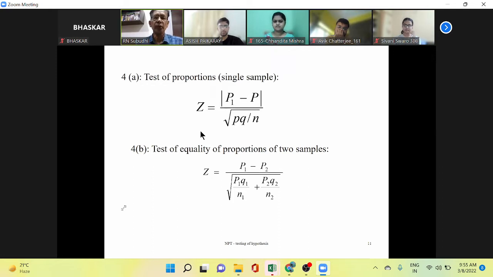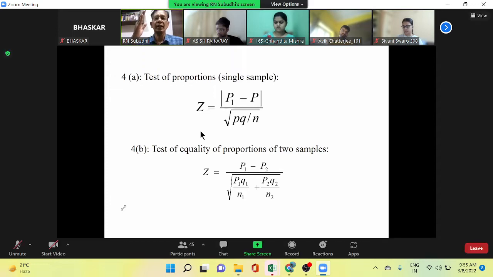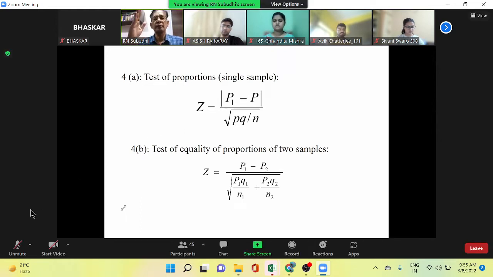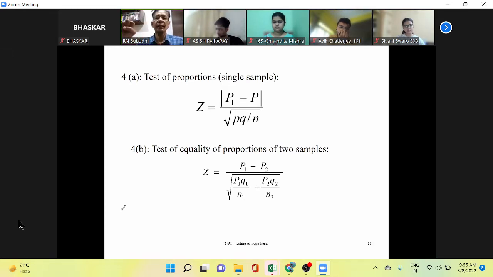P stands for proportion. Instead of absolute value, if we are checking some proportion, say UP election exit poll that was shown, say if you are putting the popularity in terms of proportion, suppose 40% voters prefer this party, 20% voters like this party.